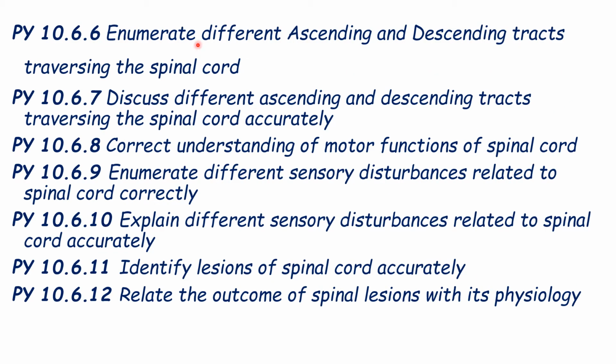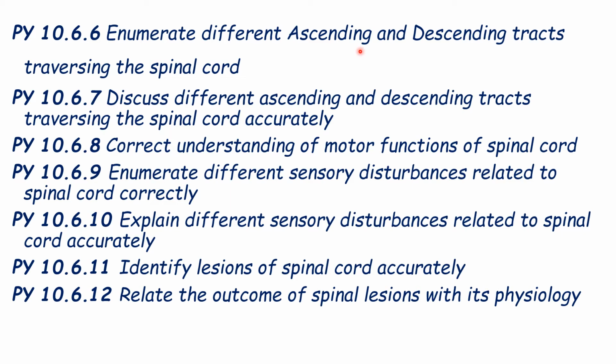Then next is enumerate different ascending and descending tracts traversing the spinal cord. We discussed in detail the different ascending tracts, the posterior column tracts, the tract of Gall, tract of Burdach, the spinothalamic tracts, and also the different spinocerebellar tracts.